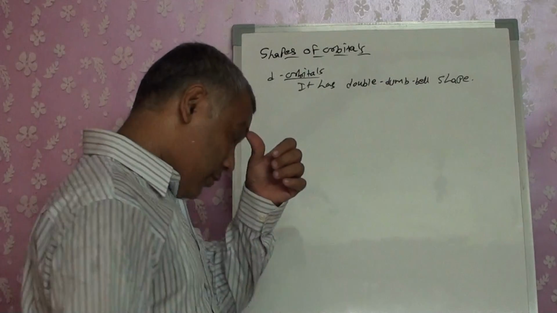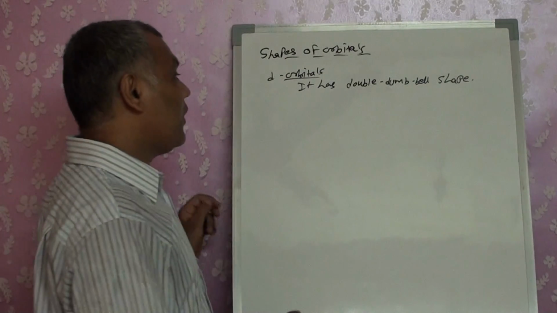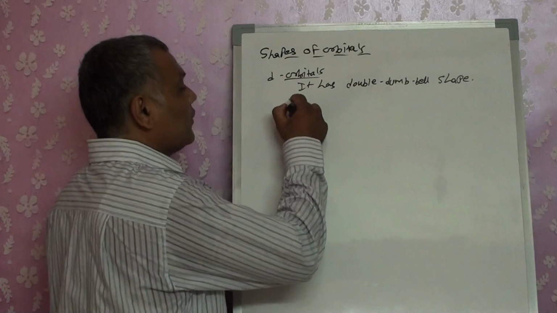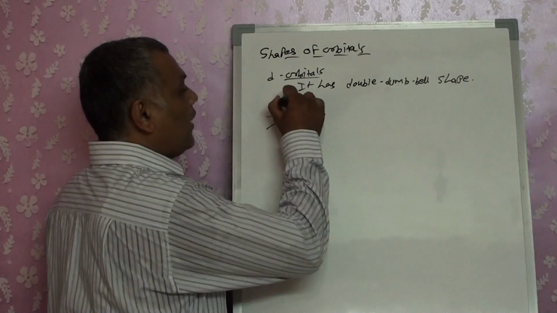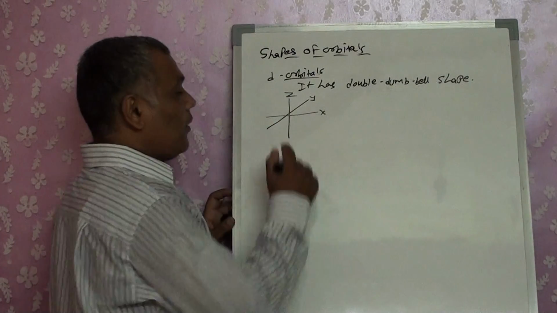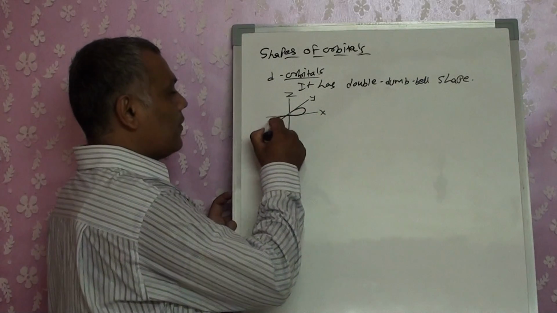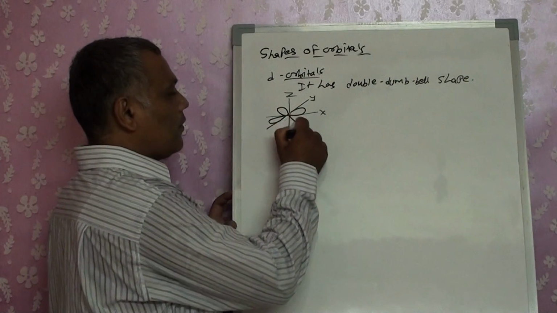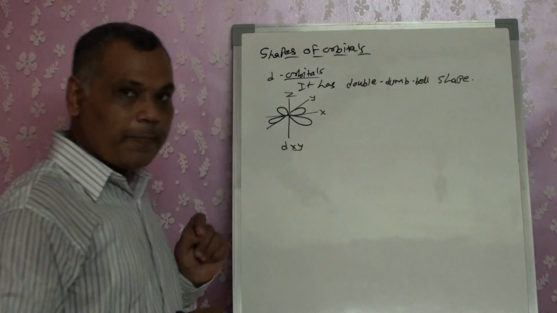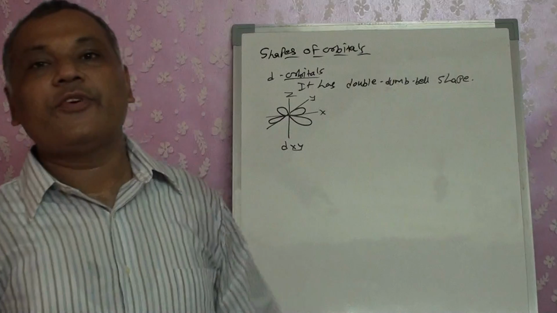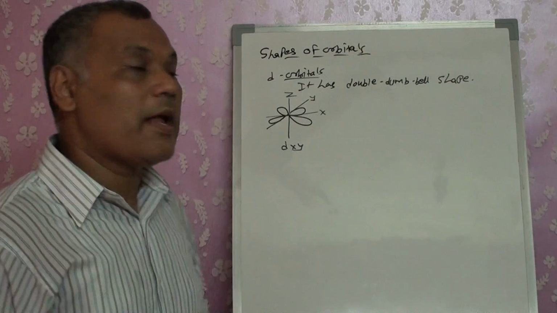That means the lobes that we are going to get are going to be in two different formats. Again, x, y, z. When the probability of finding the electron is between x and y, it's dxy. Now here, for the first time you will face the problem of 2 dimension and 3 dimension.